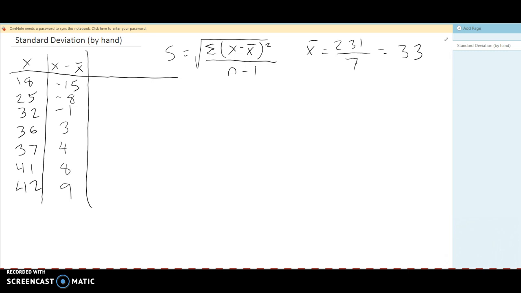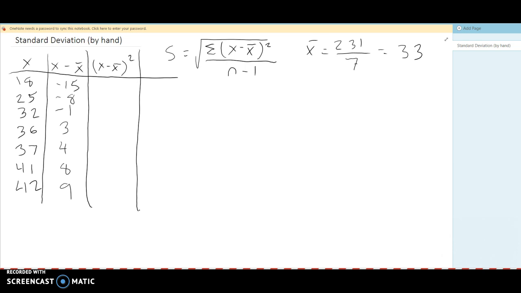All right, and the next thing I want to do is square all of those values. So this is called my deviation squared. Now remember, whether I'm squaring a negative number or a positive number, it's always going to come out positive, because a negative times a negative is a positive, and a positive times a positive is a positive. So I don't even need to worry about the signs.